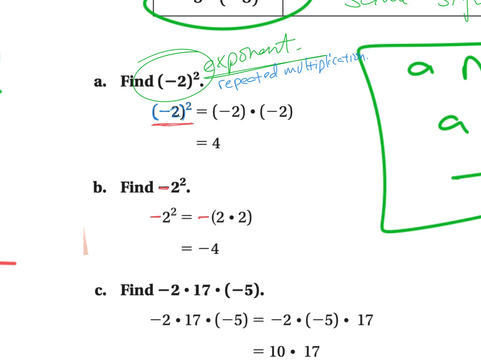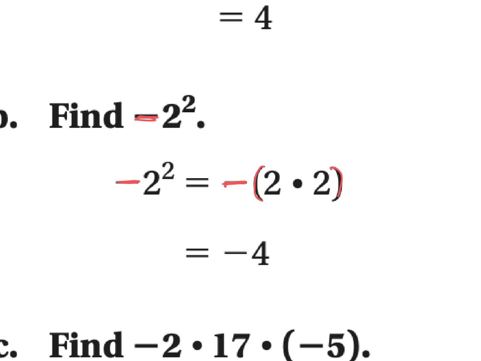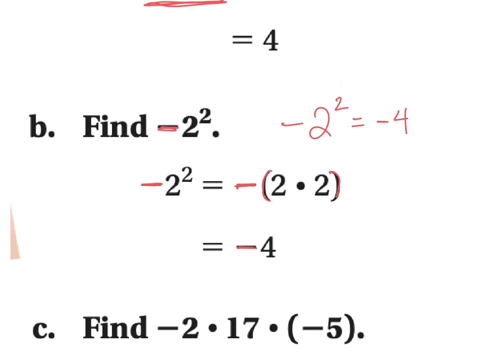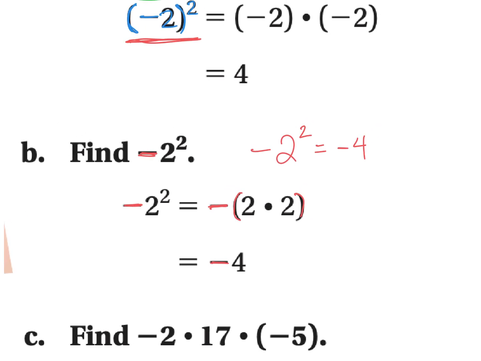Only 2 is, and that's what they tried to communicate here. That 2 is multiplying 2, and that negative is just hanging out there the whole time. So that's why -2 squared is really just -4, but (-2) squared is 4.